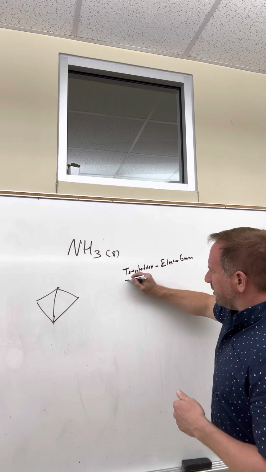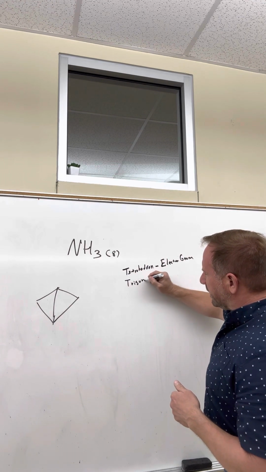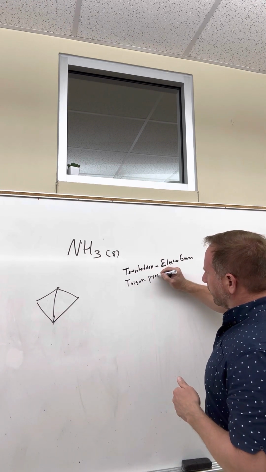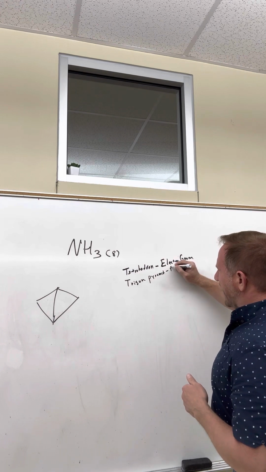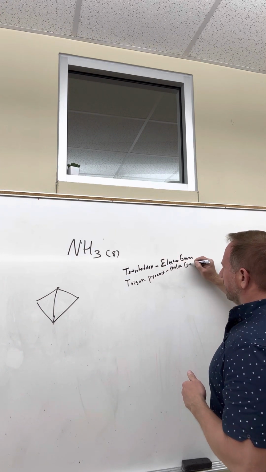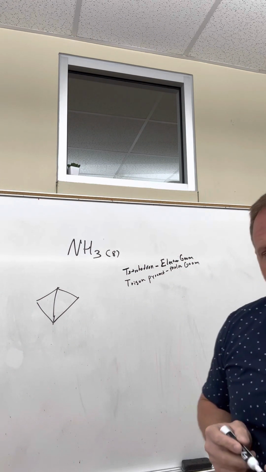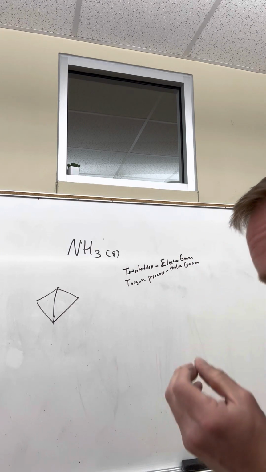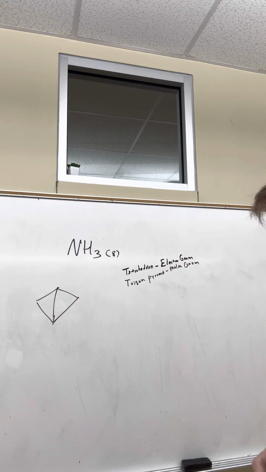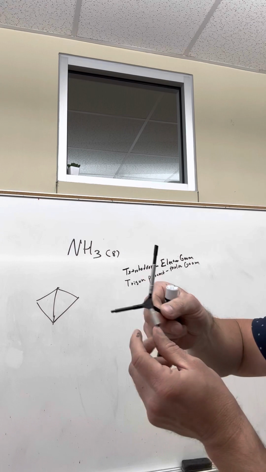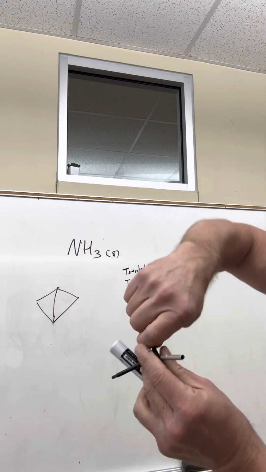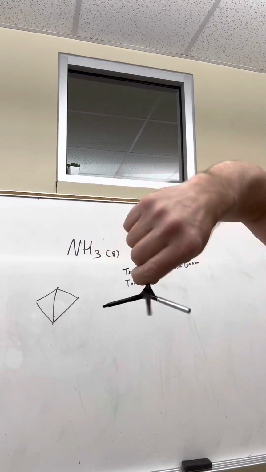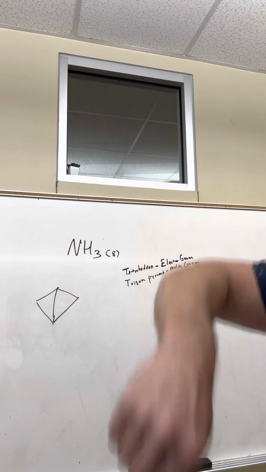So what we'd say is this is trigonal pyramidal. That is its molecular geometry. And so it has an electron geometry of a tetrahedron, but it has a molecular geometry of just a three-sided pyramid.